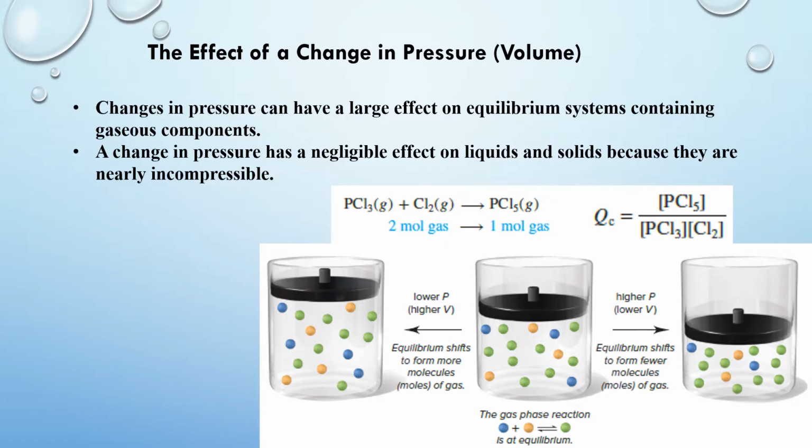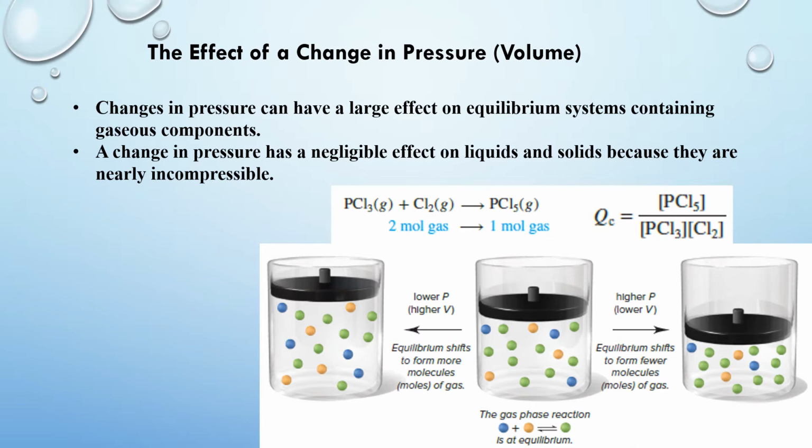Next, let's take a look at the effect of a change in pressure. As I mentioned earlier, a change in pressure also means a change in volume, due to the inverse relationship between pressure and volume. If you compress something, you decrease the volume, and that is done by increasing the pressure.